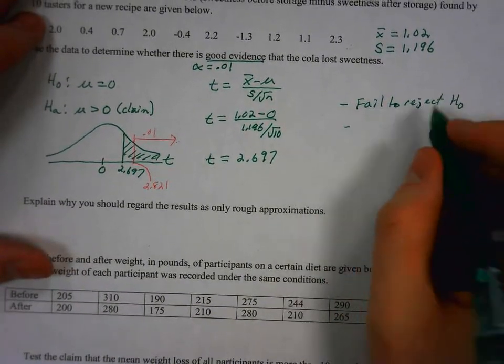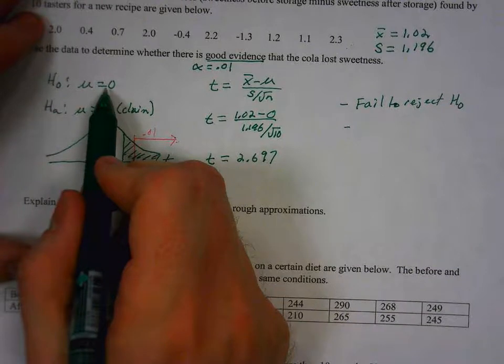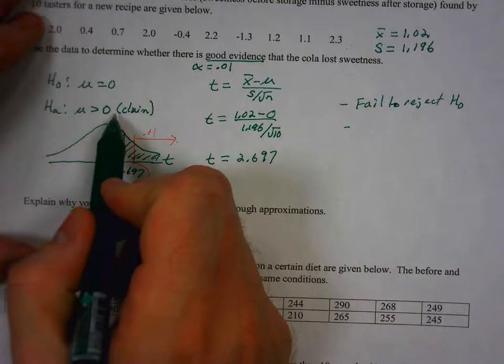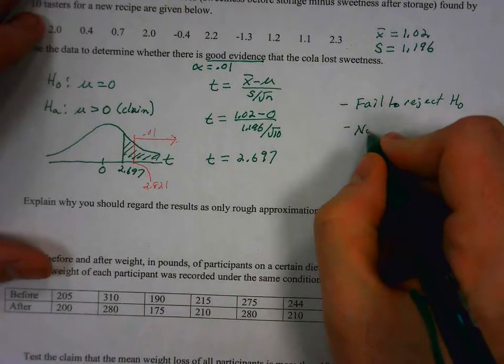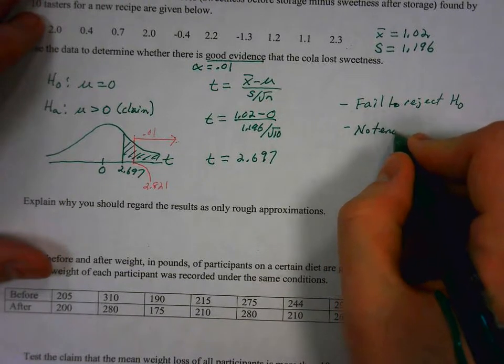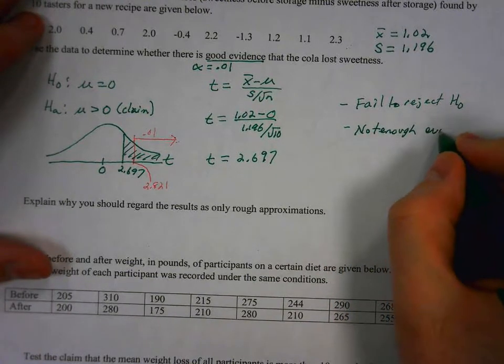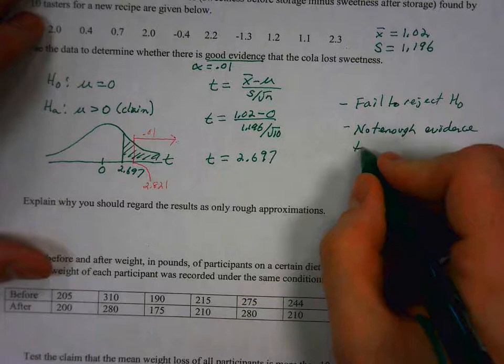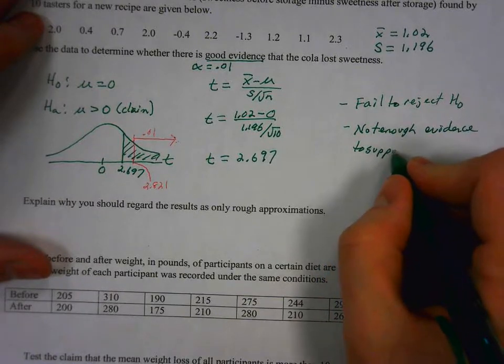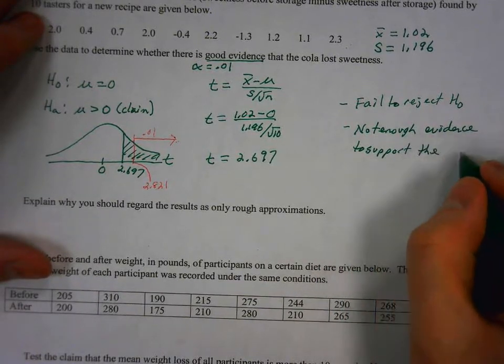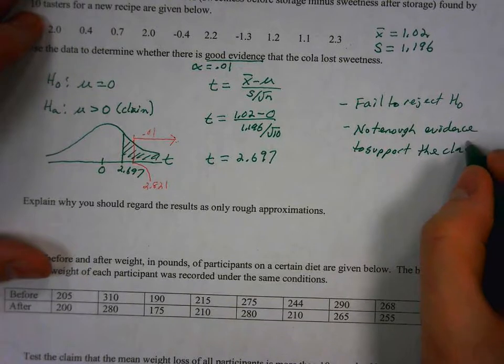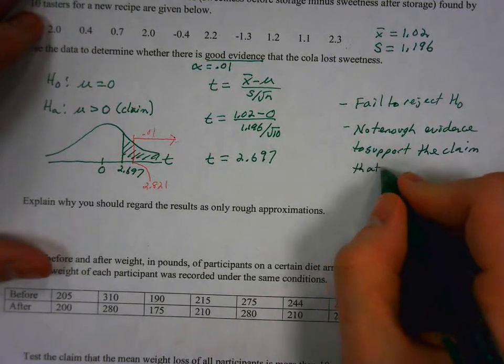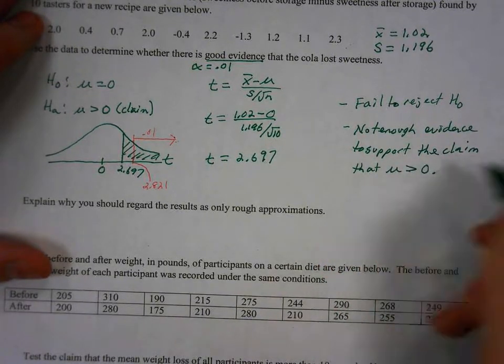Which means if we fail to reject H0, then we cannot support the claim. Okay, so not enough evidence to support the claim that mu is greater than 0.